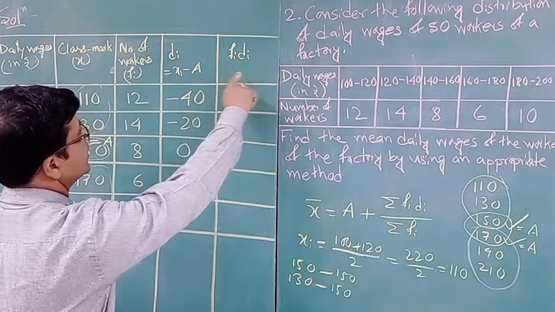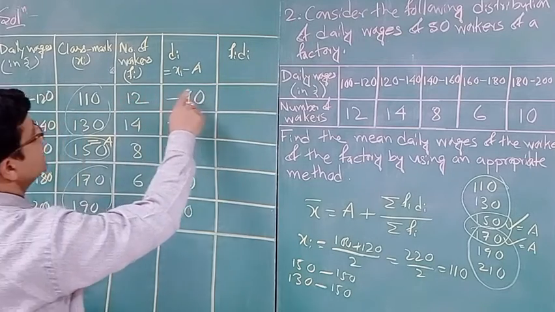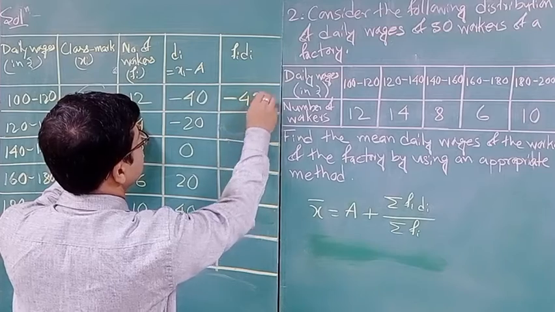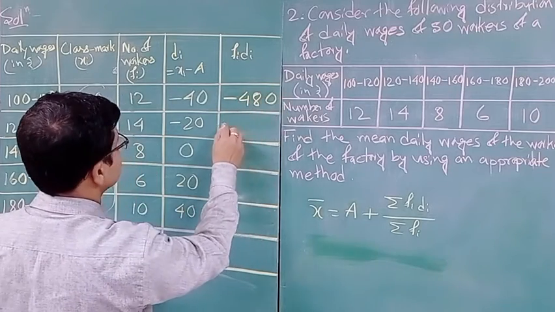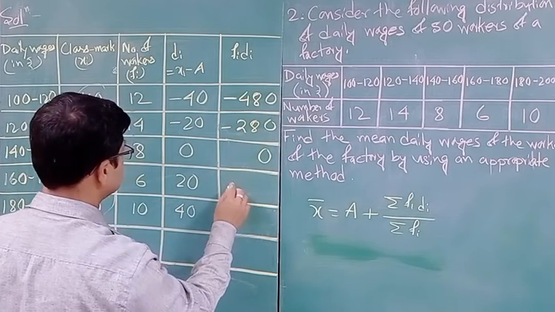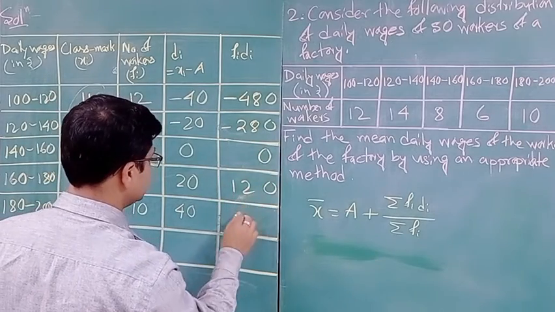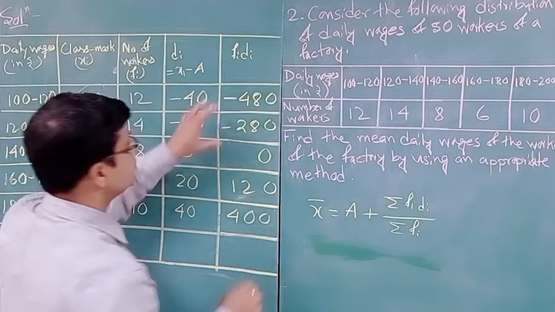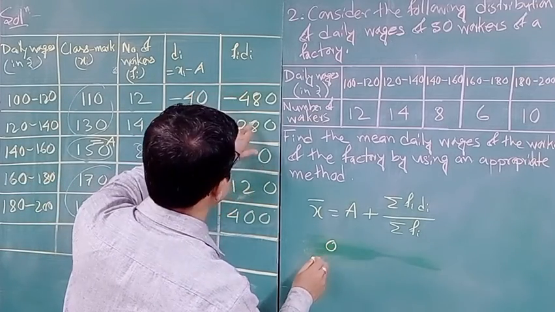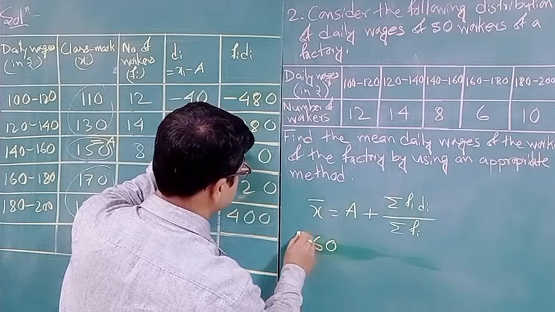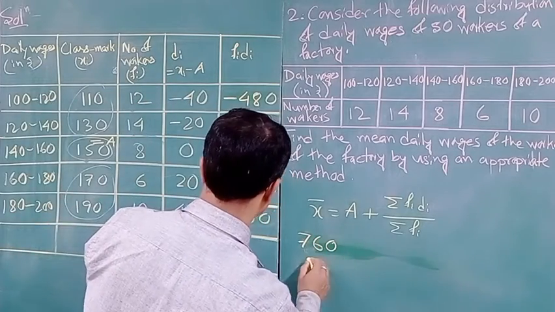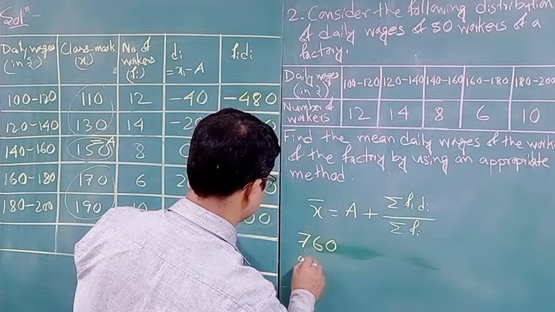Okay, so now let us multiply. This is the column for fi di. So this is minus 12 times 40, that is minus 480. This is minus 280. Then this is 0. This is 120. This is 400. Okay, these two are negative, so let us add them. This is minus 760, and this one is 520.